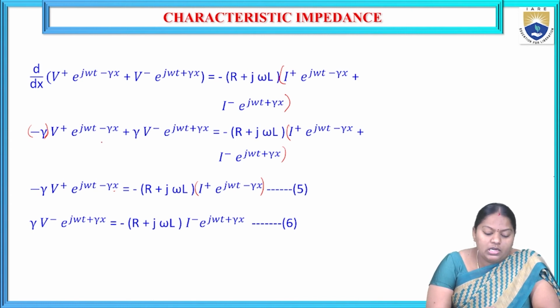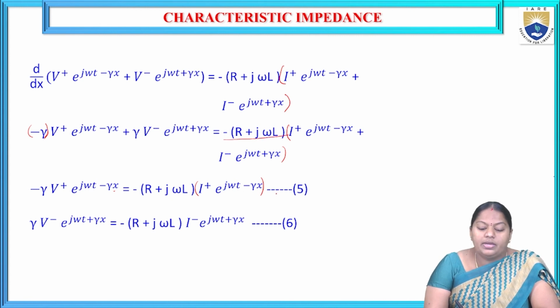From the forward traveling wave, minus γ V plus e^(jωt − γx) equals minus of (R + jωL) into I plus e^(jωt − γx).